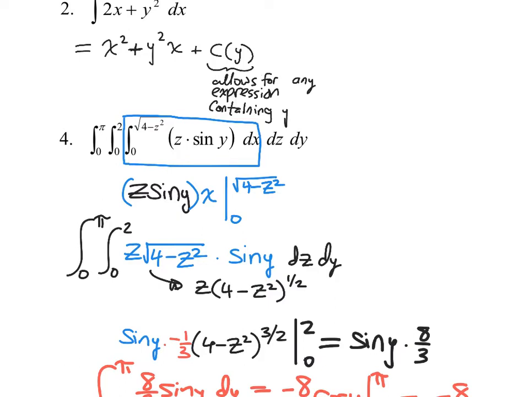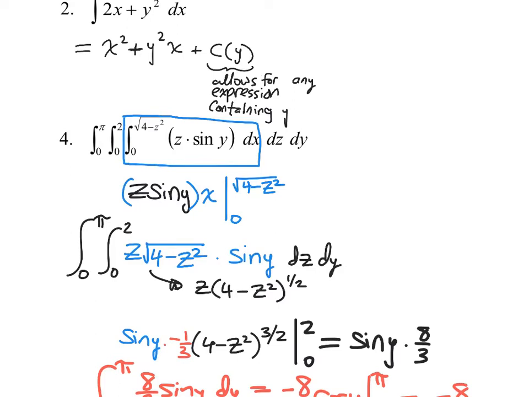And how do I know it's rectangular? Well, these are constant values. I'm going from a z value of 0 to a z value of 2, so those would be two parallel lines. We're going from a y value of 0 to a y value of pi, so two parallel lines. Intersect them and you're going to have a rectangular region.